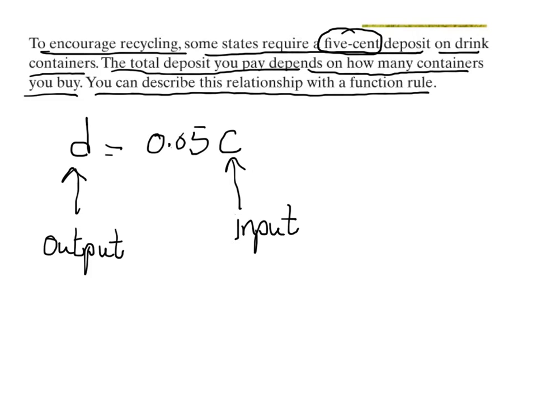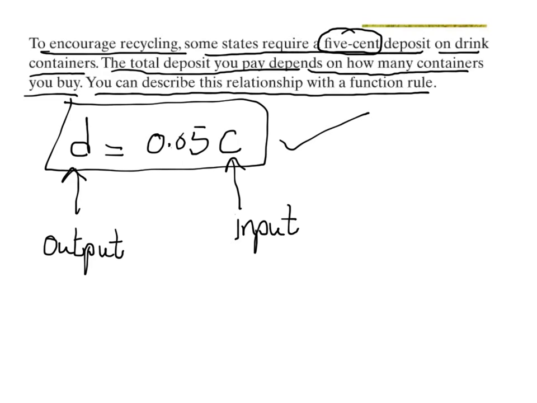And D is equal to 0.05 times C. Is this now a function? Yes, because for every input, you will get exactly one output. So D is equal to 0.05 C can be said as a function rule.